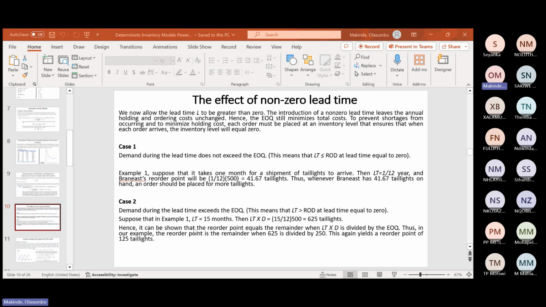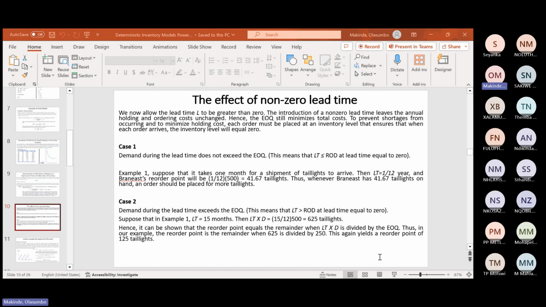So write it down. When you are dealing with a case where lead time is given, that's why we are talking about the effect of non-zero lead time, we have two cases that could occur. Depending on the case, the general formula that talks to any of these cases is annual demand times lead time. So I'll type it on the chart. So the reorder point, which is the general formula, then we see the two cases and how we modify this formula.